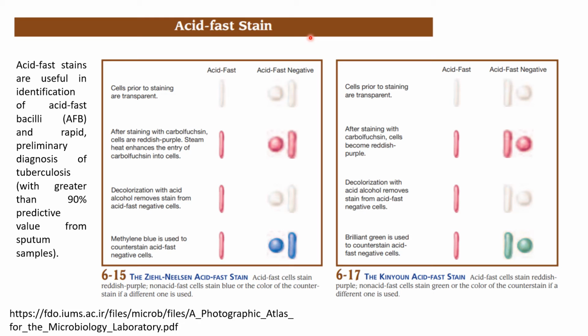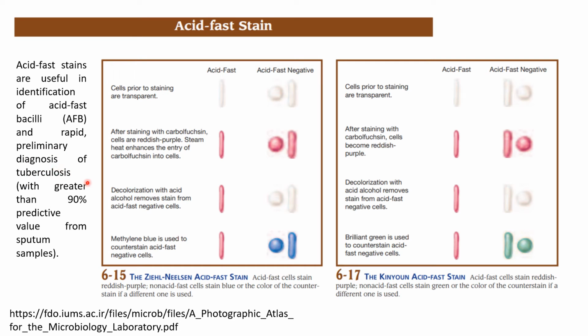Okay, so what else? Take note, acid-fast staining is useful to identify acid-fast bacilli and, of course, for rapid preliminary diagnosis of tuberculosis.